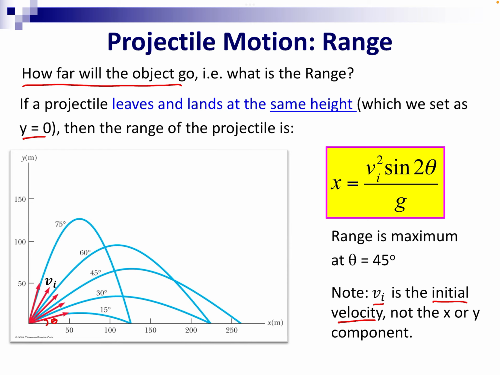If you work out this equation, you will find that the range is maximum at 45 degrees, and the range is the same for complementary angles adding up to 90 degrees, right? So the range of a 75-degree angle projectile is the same as the range of a 15-degree angle projectile. And that's why for a 45-degree angle projectile, you'll have the maximum range.